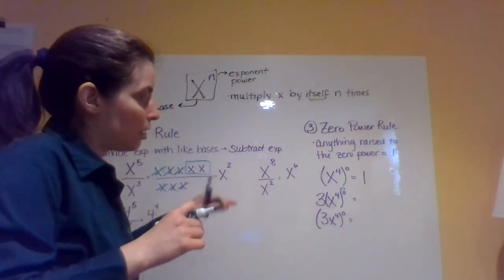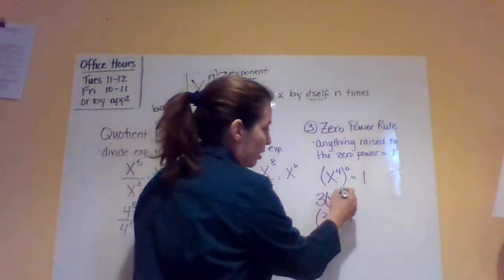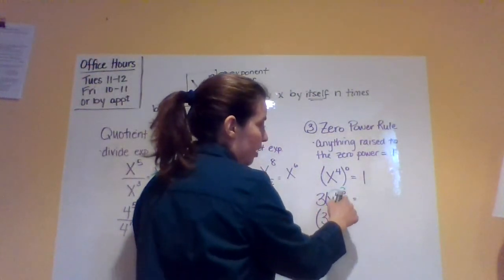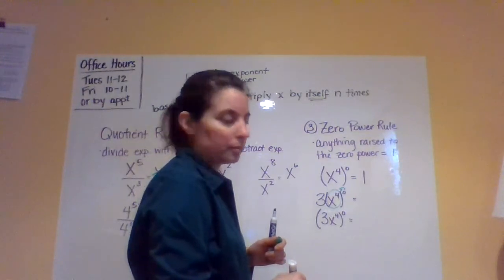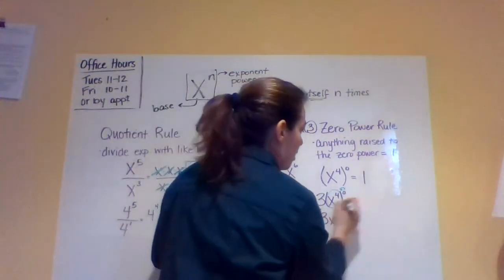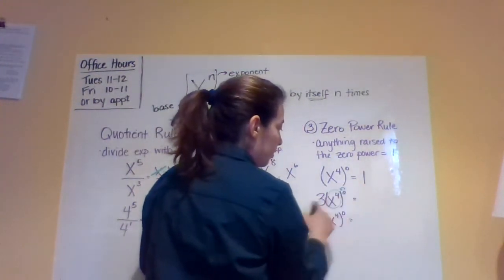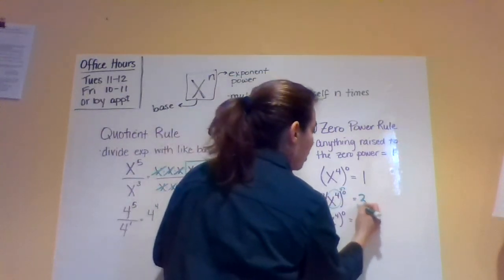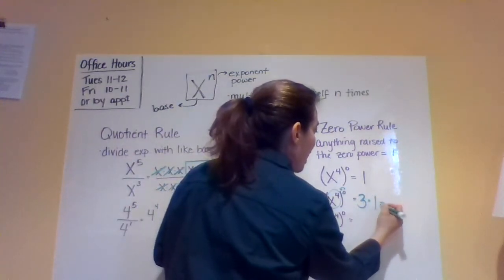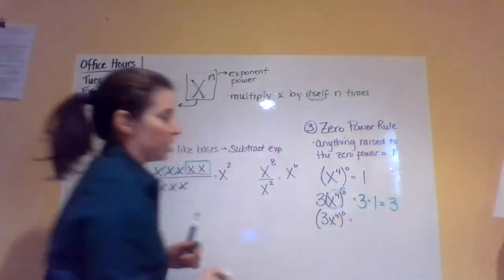So this thing right here is being raised to the 0 power. So this is 1, but the 3 is not raised to the 0 power. So it's 3 times 1, which is going to equal 3.